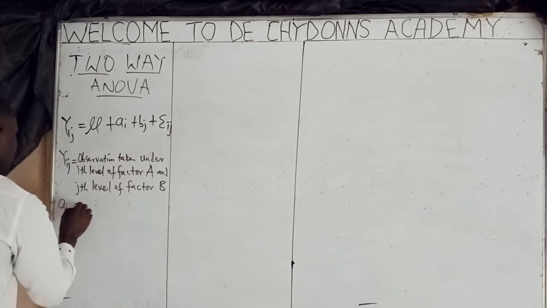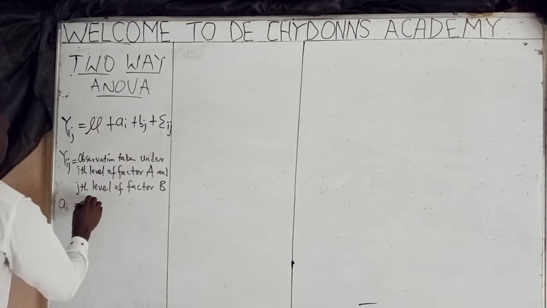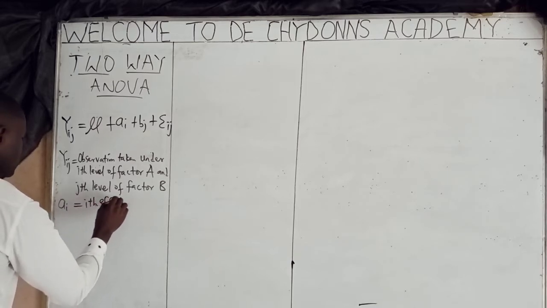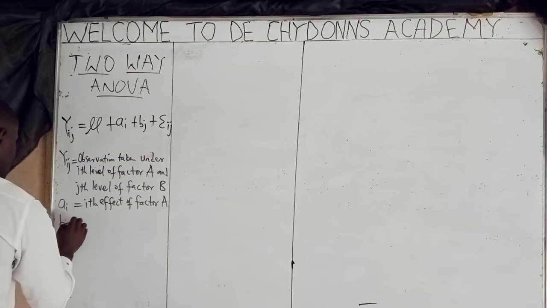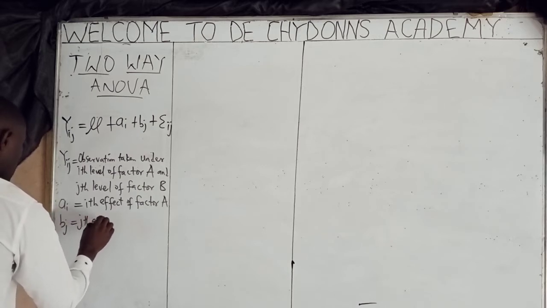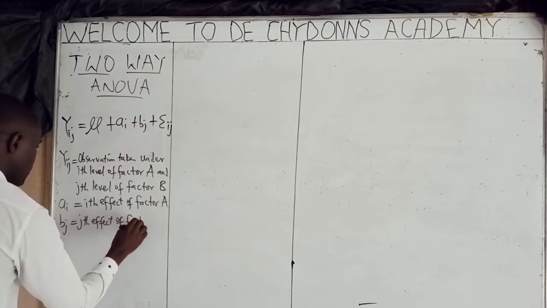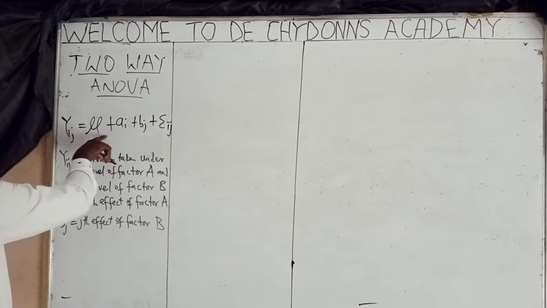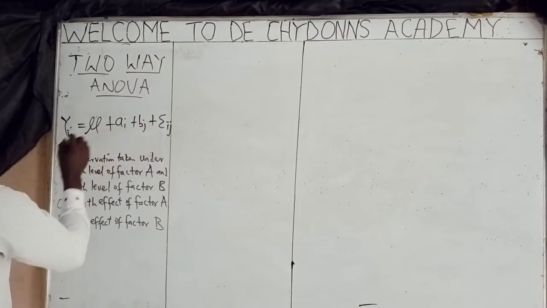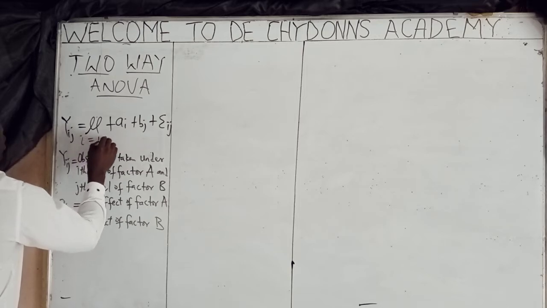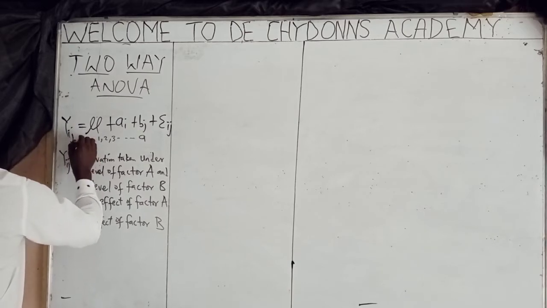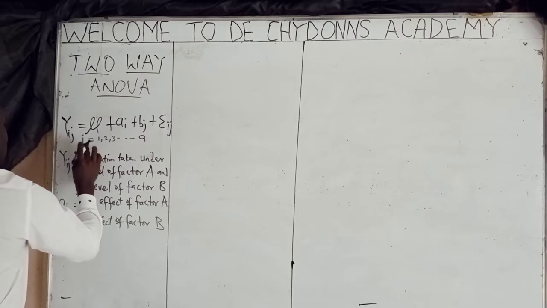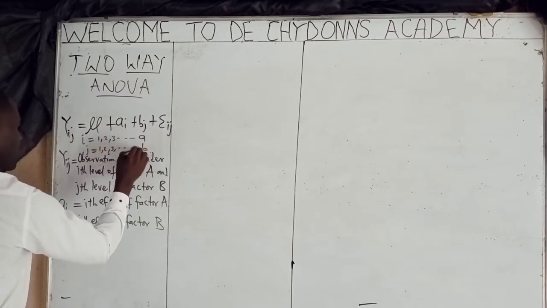Then Ai simply means the ith effect of factor A. Bj means the jth effect of factor B. Then note that in this model of two-way ANOVA, i equals 1, 2, 3 up to a, and j ranges from 1, 2, 3 up to b.